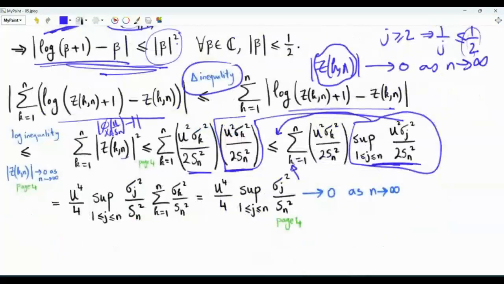We end up with the supremum, and then we have the summation. What about the summation? The summation itself is 1, because Sn squared is the sum of the variances. And so we end up with u to the power 4 divided by 4, and then we have the supremum of sigma j squared divided by Sn squared. This supremum is for j from 1 to n, and the summation is unity. What about the supremum? We have seen that this supremum tends to 0 as n tends to infinity.